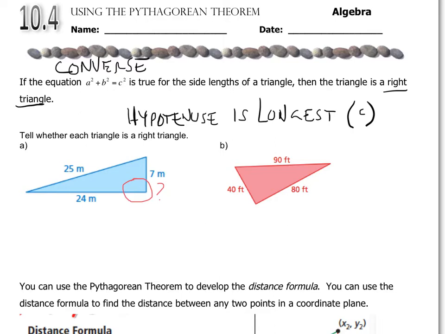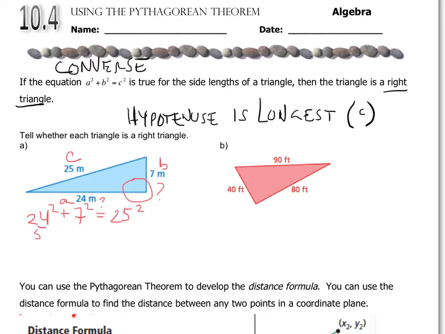I'm looking at that angle, not really because it looks like a right angle, but because if I look at my three different sides, the C has to be the 25 because it is the longest of the sides, which would make 24 the A or the B, and the 7 the other A or the B. So by the converse of the Pythagorean theorem, I should be able to take this 24 and square it, add 7 squared, and I should be able to get 25 squared if this is a right triangle. But we don't know that that's true.